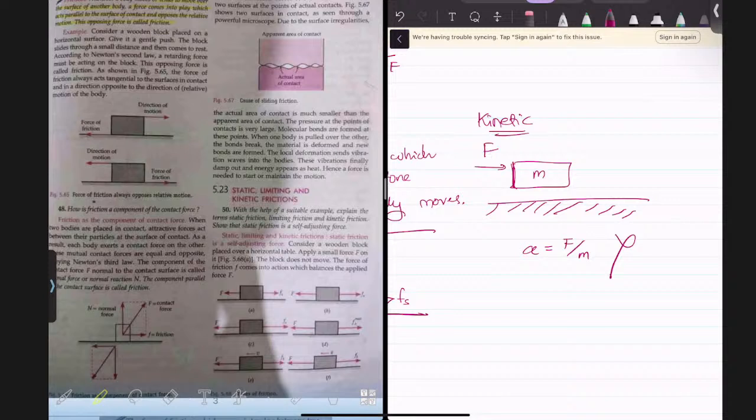So if we calculate the acceleration, it should be F by m. Shouldn't it be? It should be. But it is not F by m. Why? Because the rough surface over which the body is moving also gives an opposite force, which is known as Fk, or the kinetic friction.